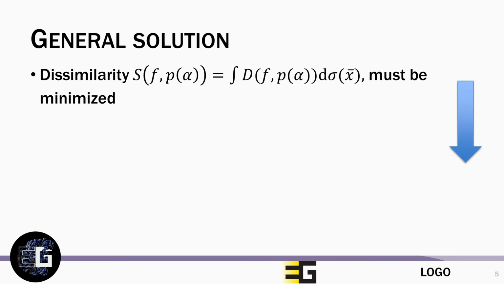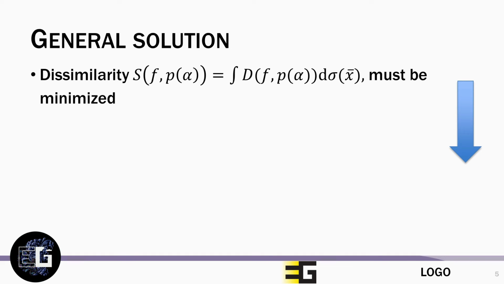Generally, we can use the following scheme for optimal sample budget allocation. First, a dissimilarity functional must be defined that assigns a scalar value to the pair of functions including integrand f and probability density p.